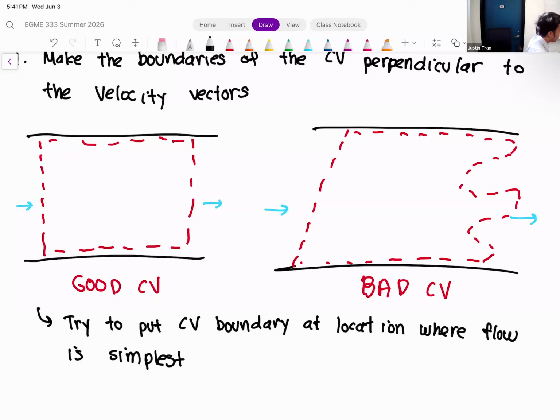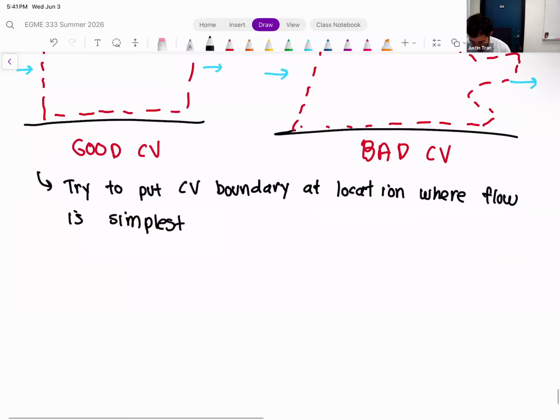Don't make your life harder on yourself. You may have a situation where your flow is doing some kind of chaotic stuff, and you don't want to make your life more difficult by making your control volume difficult as well.